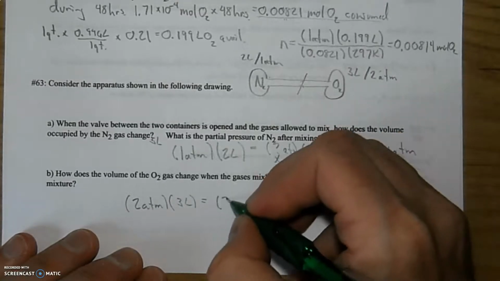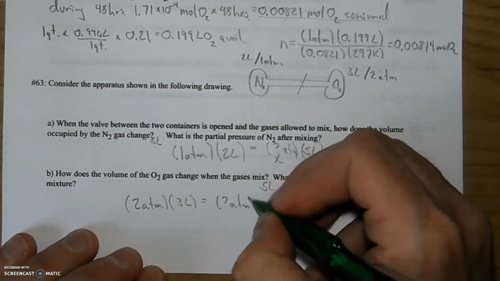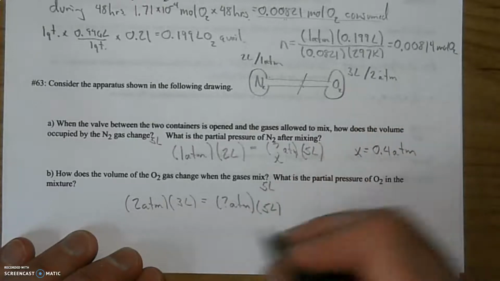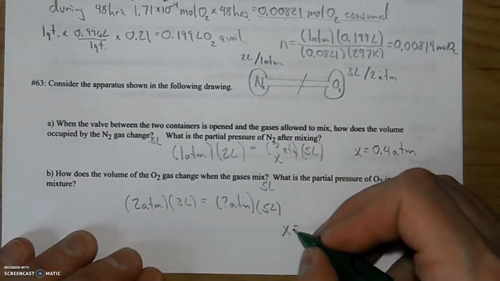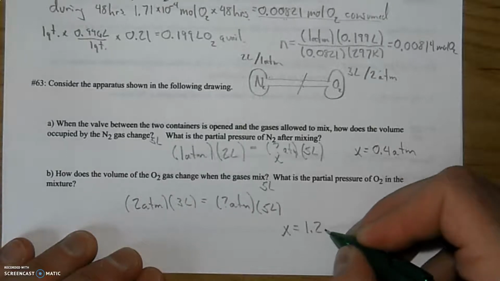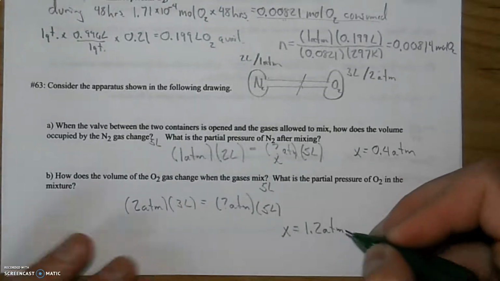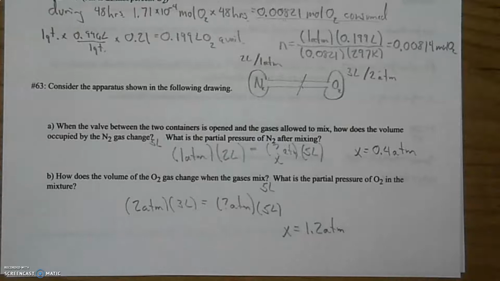So what is my new ATMs? It's going to be X = 1.2 ATMs, total pressure.